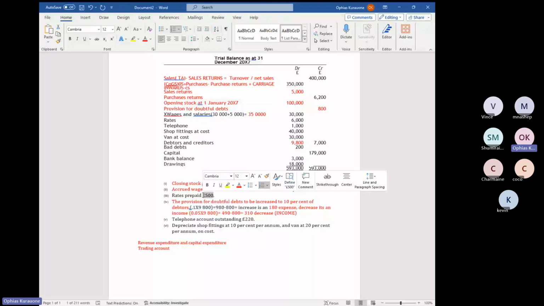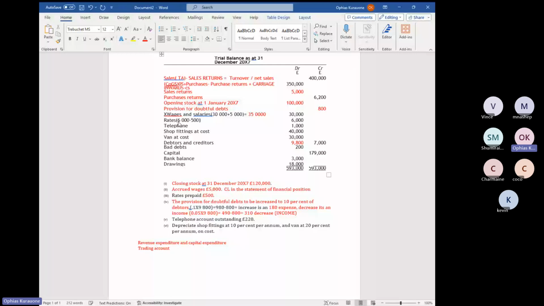So here again, we come here to 500. We subtract, which means we overpaid. So 6,000 minus 500. That's what we're supposed to do. So our new figure becomes 5,500. That is the new figure which we're supposed to record in our books.